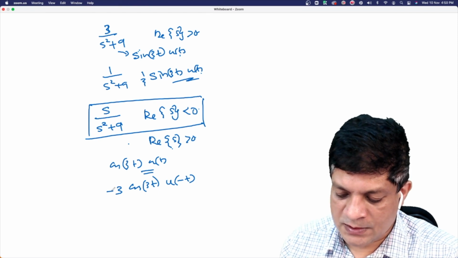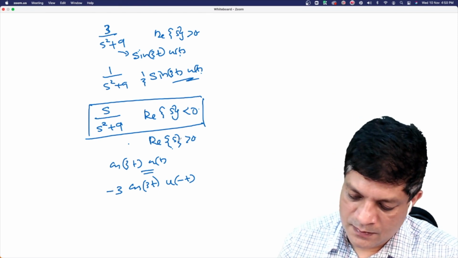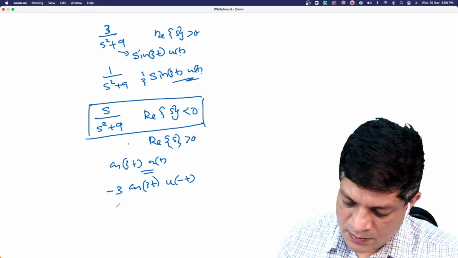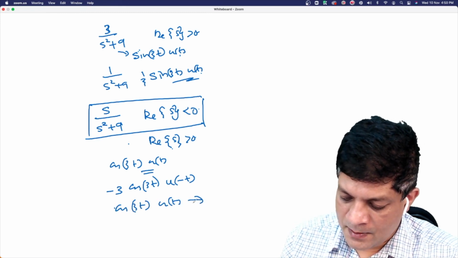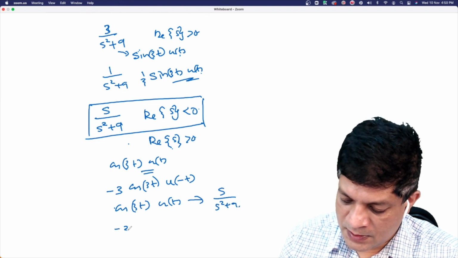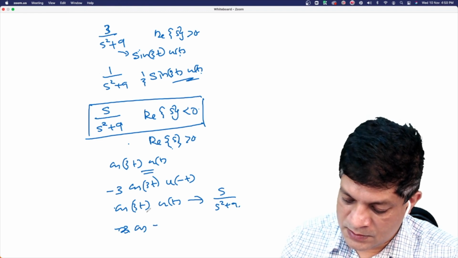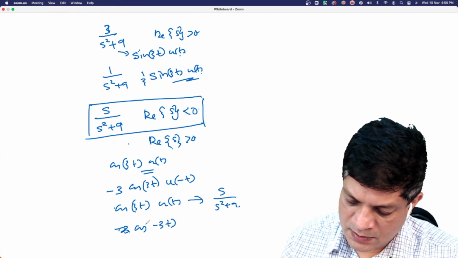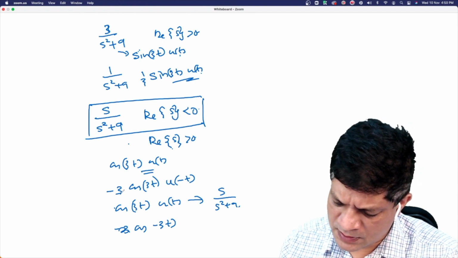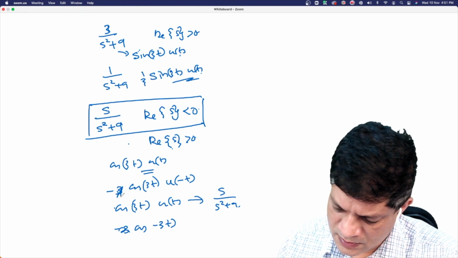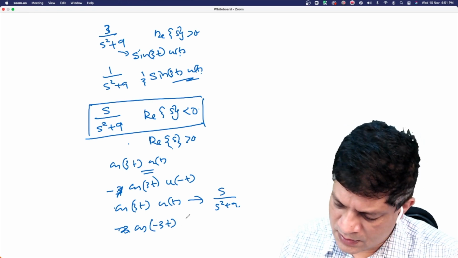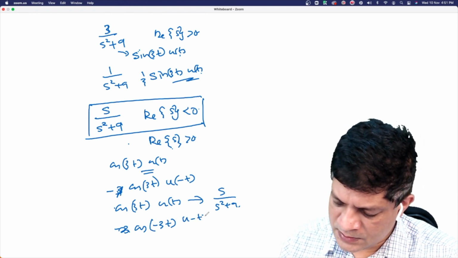So why this minus sign? Because cos 3t u(t) is s by s square plus 9. It was minus cos 3t u of minus t.